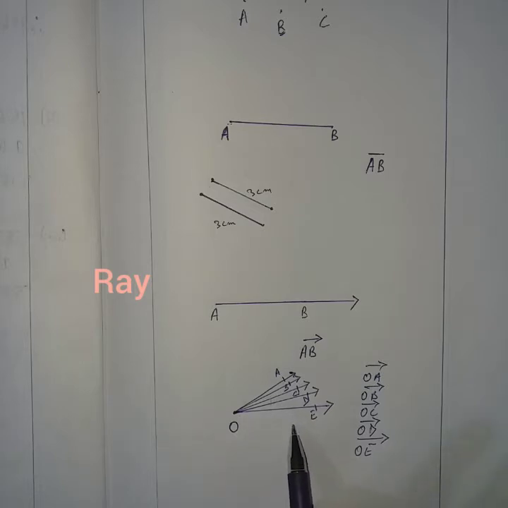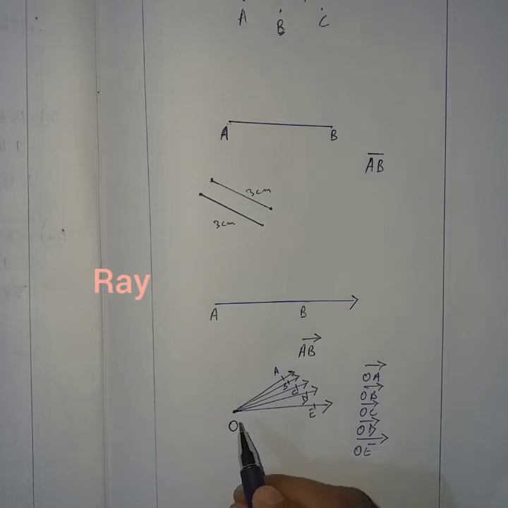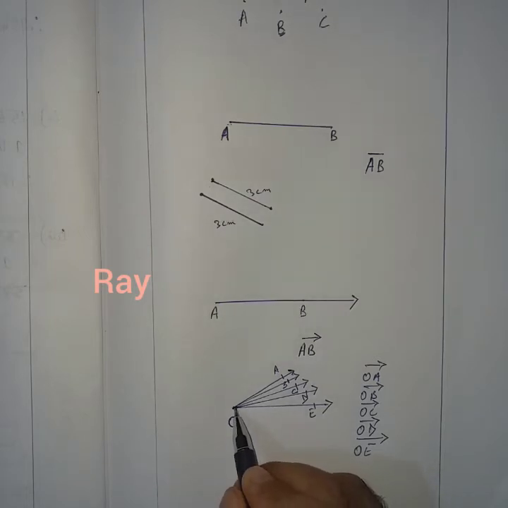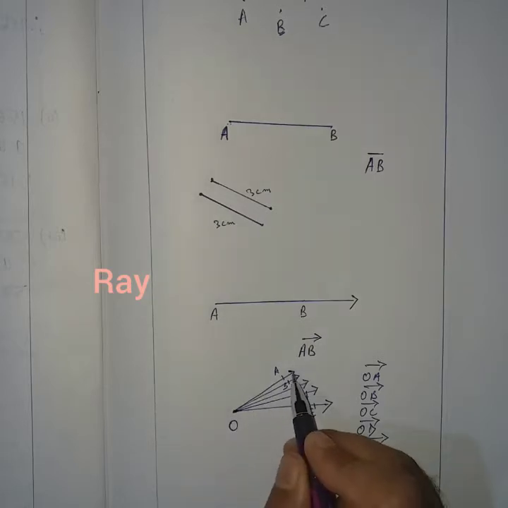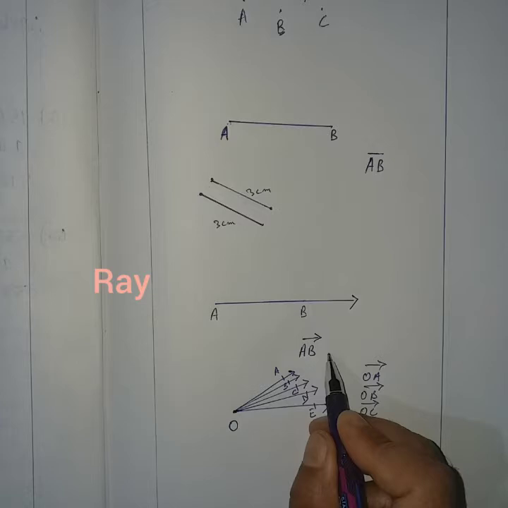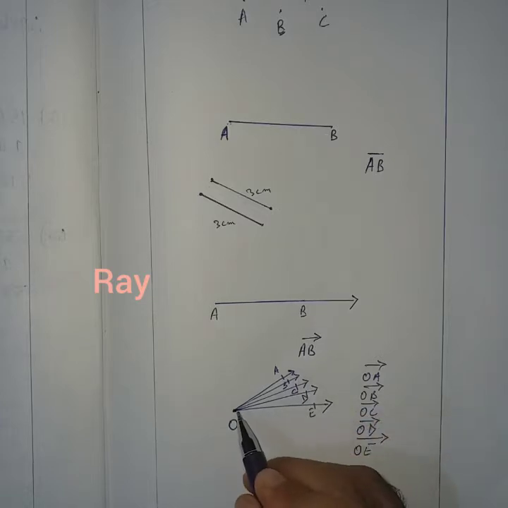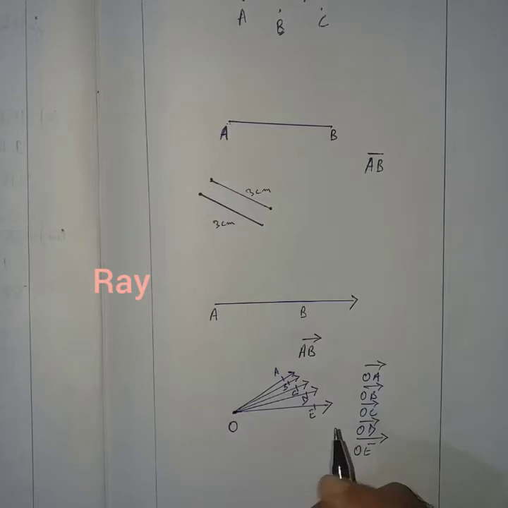Okay, a ray has only one end point, that is the initial point, starting point of that ray. This side the end point we don't know where it ends, so that is why a ray has only one end point, and it does not have any definite length.